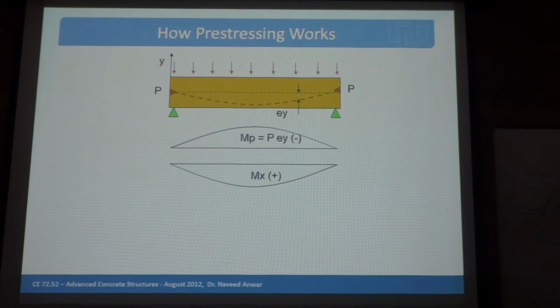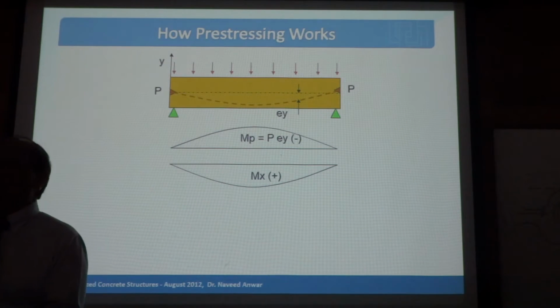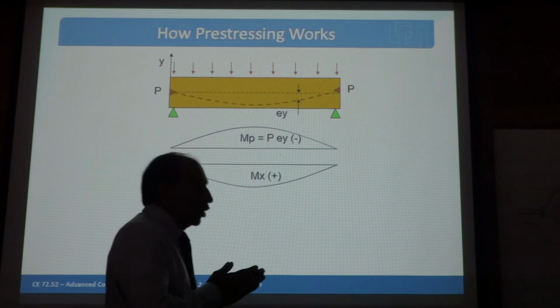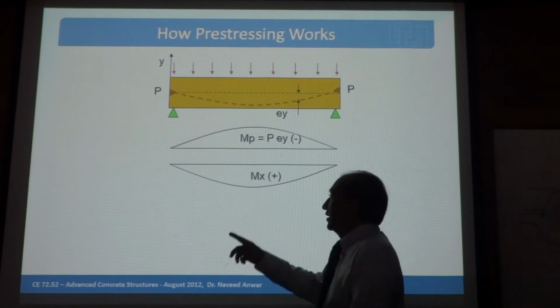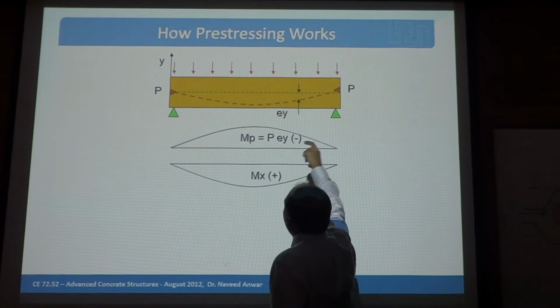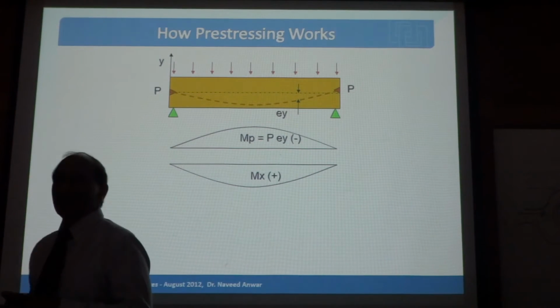Somebody was too good, they put the pre-stressing to balance 100% of the load, and the load isn't there, right? So it goes upwards. So normally what we try to do is put a tendon profile which is parabolic, and we put the force in such a way that it balances about 80% of the dead load.